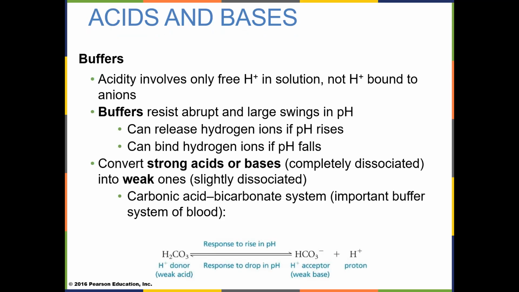An acid will bring us back down to 7.4 by adding more hydrogen ions. A base will bring us back up to 7.4 if we're getting more acidic by sucking up those hydrogen ions. And so we use acids and bases to keep our body, our plasma, our fluid in balance.